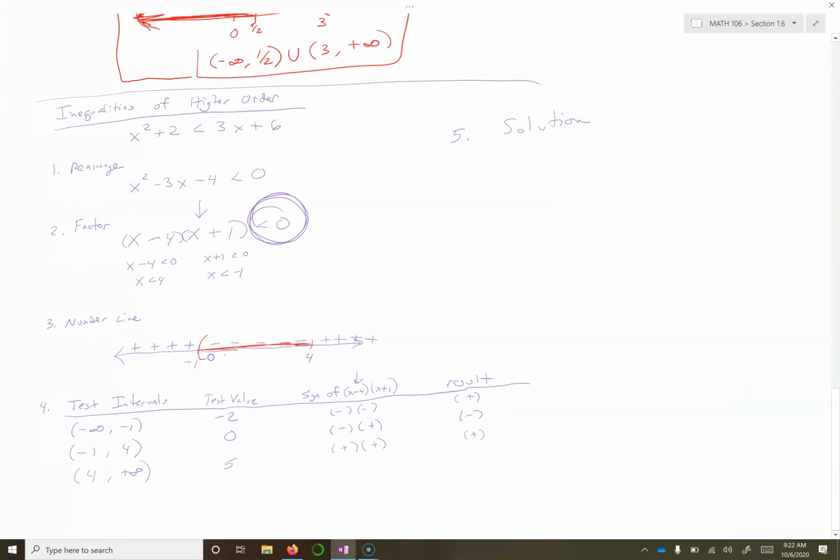And we have parentheses because we're just looking at less than. If this was greater than 0, we would have the other intervals as a solution. Does that make sense? So my final solution, because it's going to want you to put it in interval form, is just -1 to 4 with parentheses.